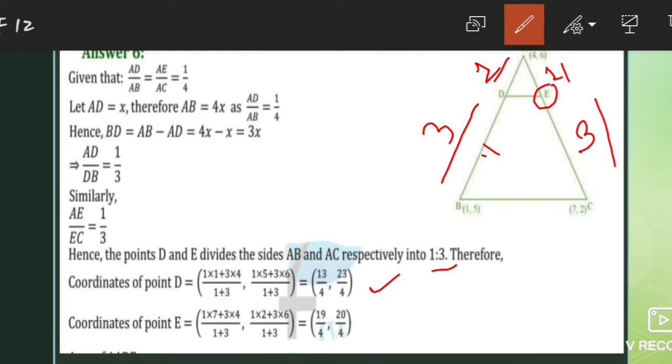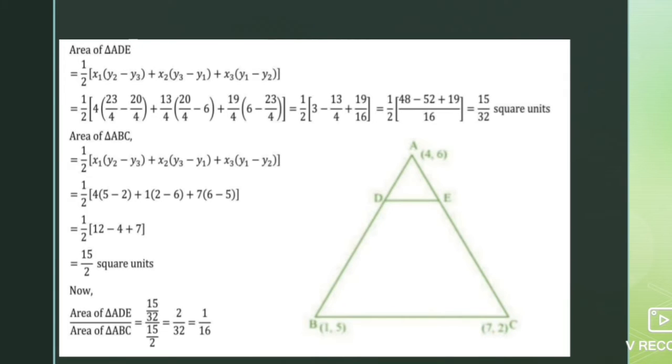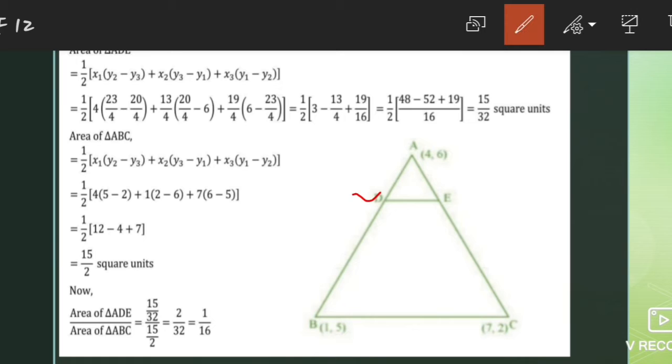Similarly, the coordinates of E will be (19/4, 20/4). Now you have the coordinates of D and E. Use these coordinates of ADE for evaluating the area of triangle ADE. So the area of triangle ADE will be 15 by 32 square units.